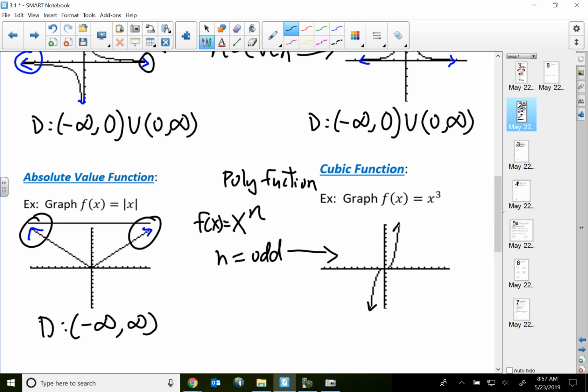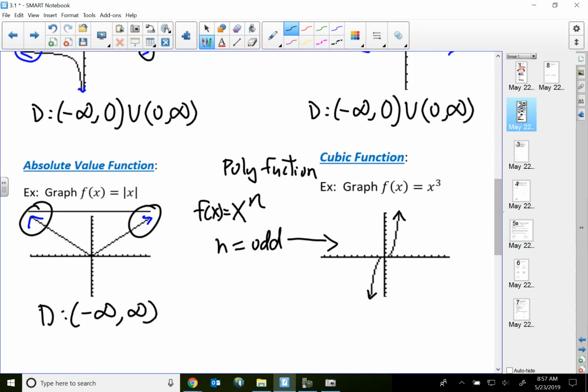All right, basically all the polynomial functions have the same domain. Actually, I think all of them have the same domain. Because this side keeps going down, but it's also coming from the left side. This side keeps going up, but it's also going to the right.